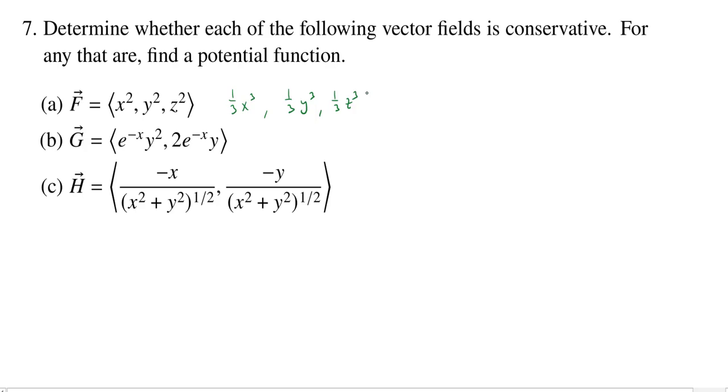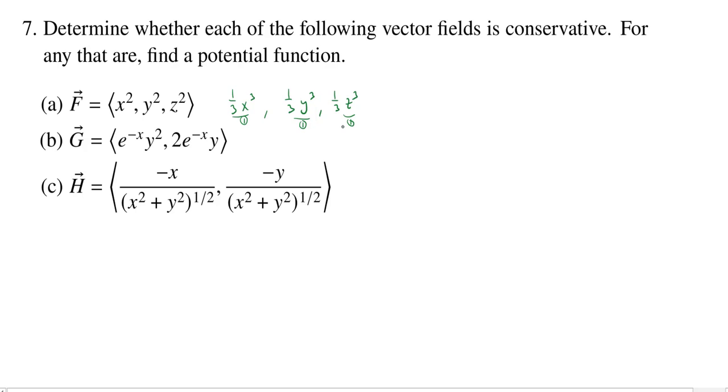Now, the way the murder mystery method works is you look at each of the terms you get and you ask how many variables you see. So in each one of these, we see just one variable, x, y, and then z. And however many variables you see, that's how many times that term has to show up, exactly that term. So in this case, it's great because they all show up exactly one time.